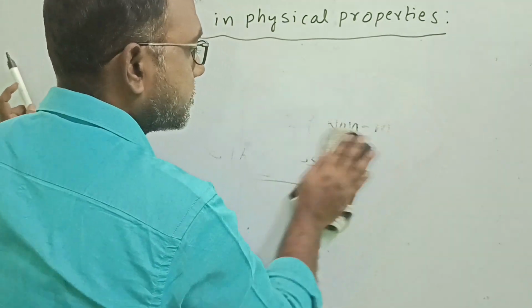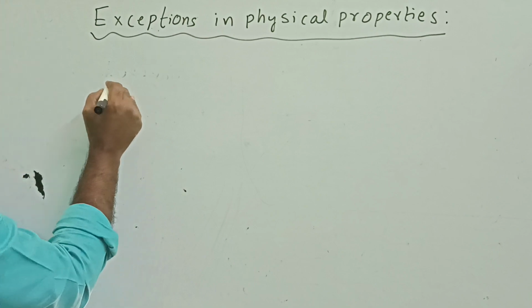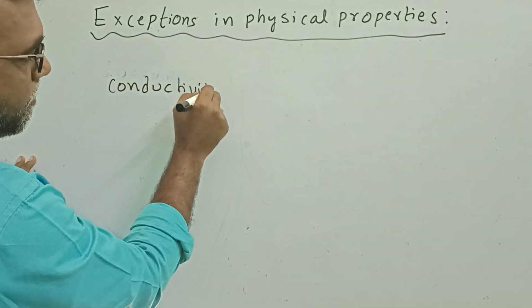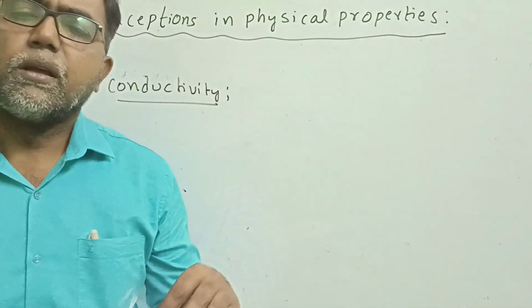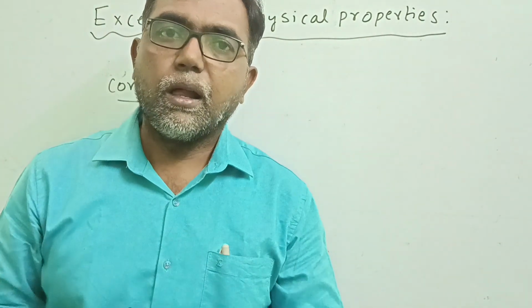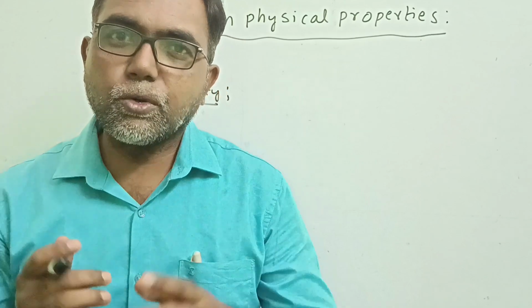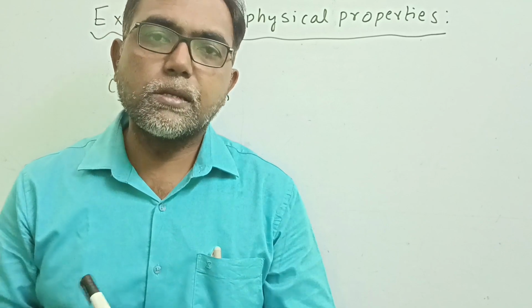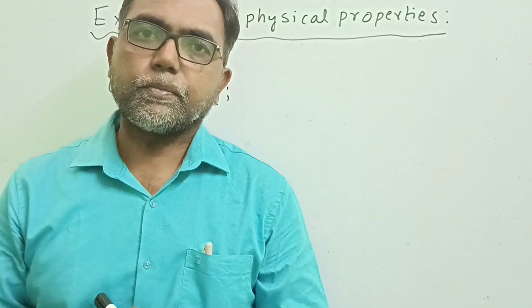Next, conductivity. Basically metals have good conductivity and poor conductivity also. So you can divide the metals into good conductors and poor conductors. Good conductors example: silver, copper, gold, aluminium.